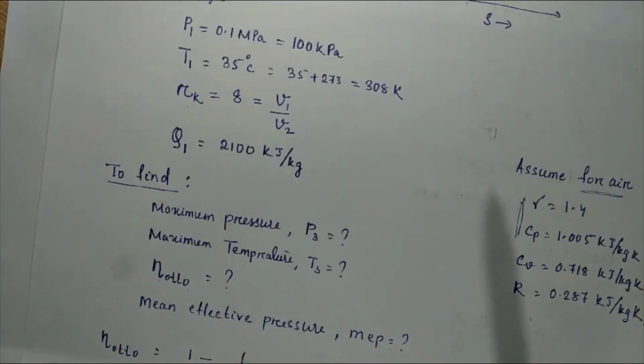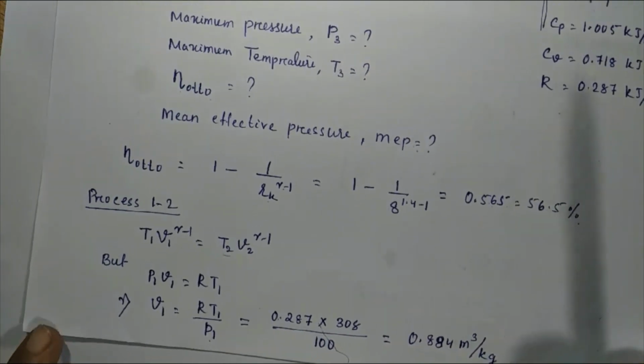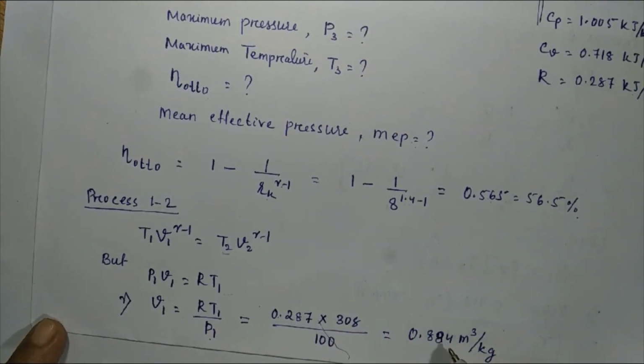After substituting all these values, we get V1 to be 0.884 meter cube per kg. Here we consider per kg, so this is the specific volume of state 1.